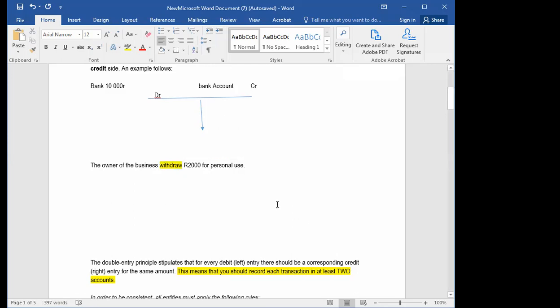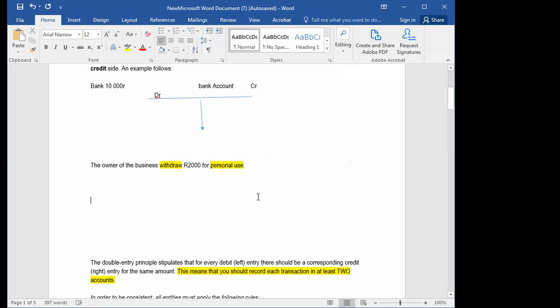And the word withdrawn means there is something coming out from the bank of the business. That is, there is an outflow of money. So the money is decreasing in our accounts as a business, going somewhere with the owner. And the words personal use mean this amount of money the owner was withdrawing with the purpose of doing something for his or her personal use.